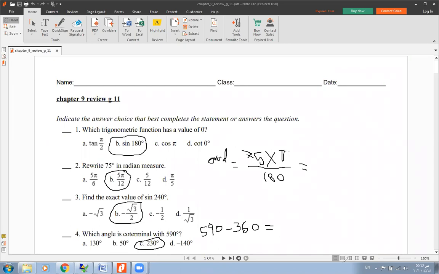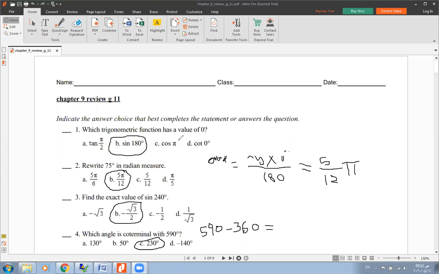Thanks, Mu'taz. So now we have the answer of the first problems. Number 1 is about the value of the function that equals 0: sine 0, sine 180, sine 360, all equal 0. Number 2, we change from the degree measure to the radian measure using the rule.